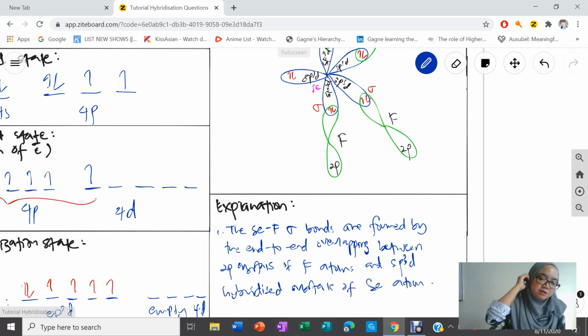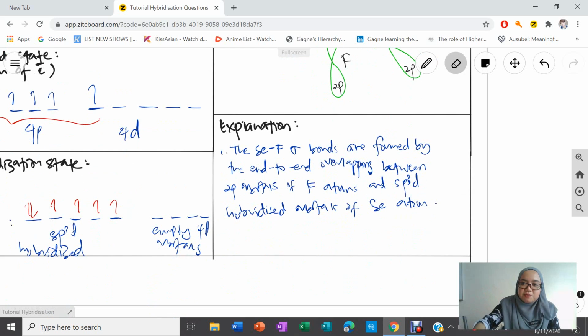So this is how you explain the sigma bond. Okay, the Se-F sigma bonds are formed by the end-to-end overlapping between 2p orbitals of F atom and sp3d hybridized orbitals of Se atom.